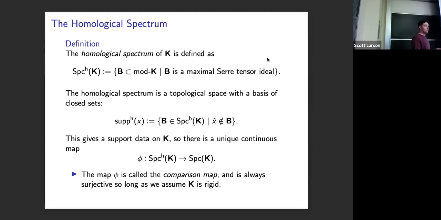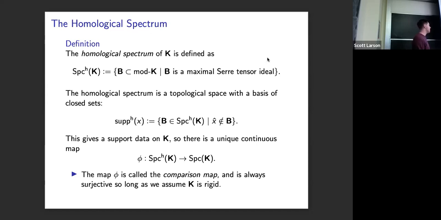And so one of the things Balmer showed in his original 2005 paper is that there's a unique continuous map from the homological spectrum to the categorical spectrum, or the Balmer spectrum, called phi. And this map phi is often referred to as the comparison map.